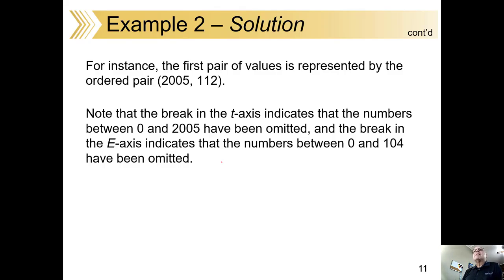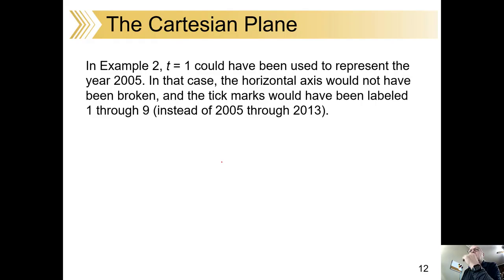If we miss that pattern, we miss the whole idea of what we're doing. The y-axis represents the numbers, and 0 through 104 are dropped out. We've got all the rest in there. So t equals 1 could have been used to represent the year 2005.